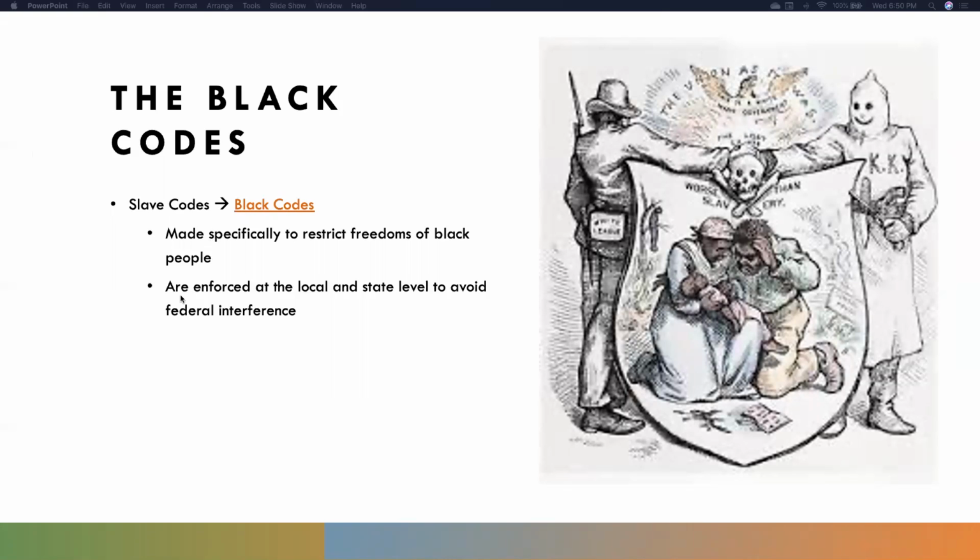They are enforced at the local and the state level. This is important because if they're enforced at the federal level, one, it's not going to pass, but two, the federal government can get involved. So Southern Democrats, Southern whites were very careful about how they enforced the black codes because if it went up to the federal level, it would be shut down.